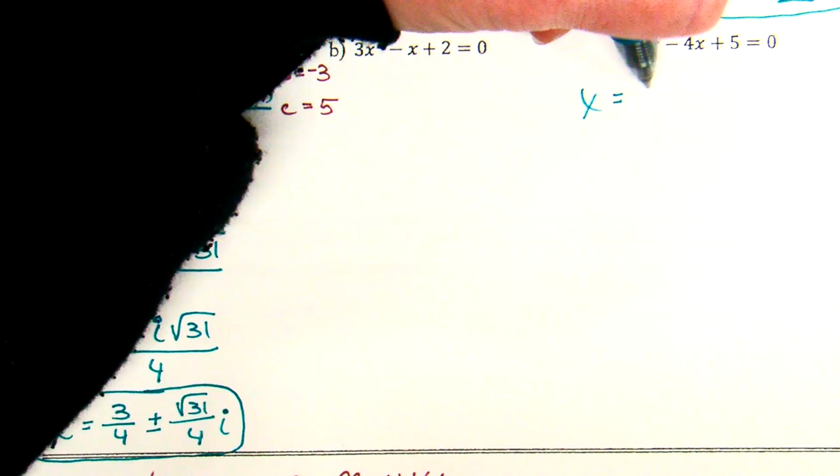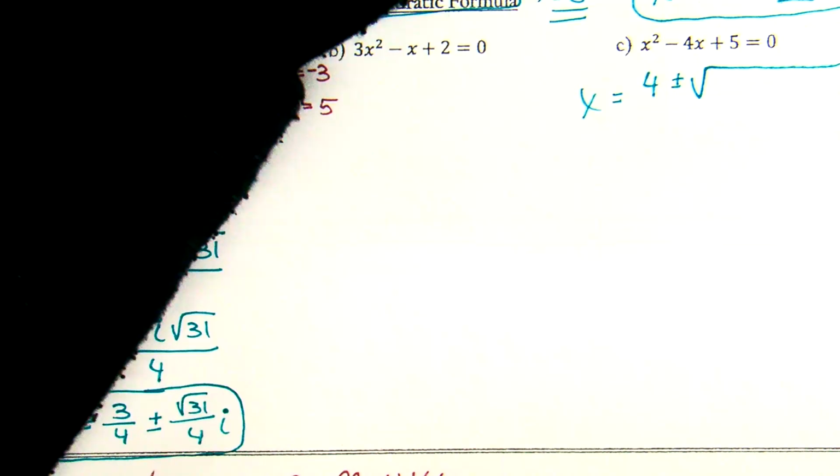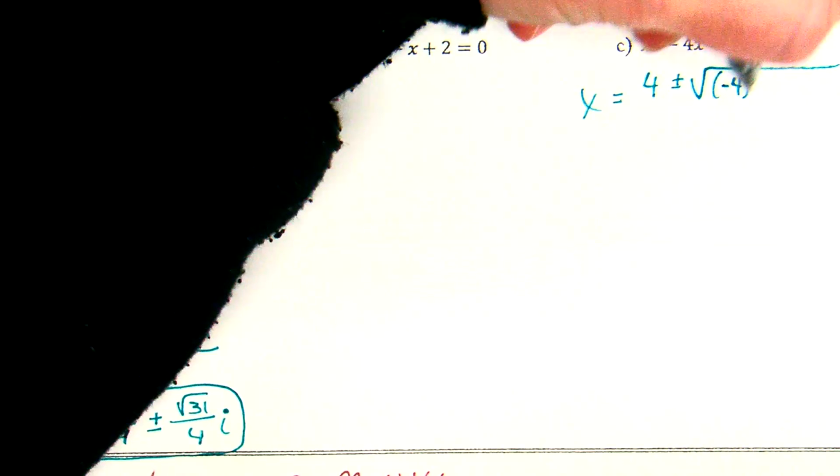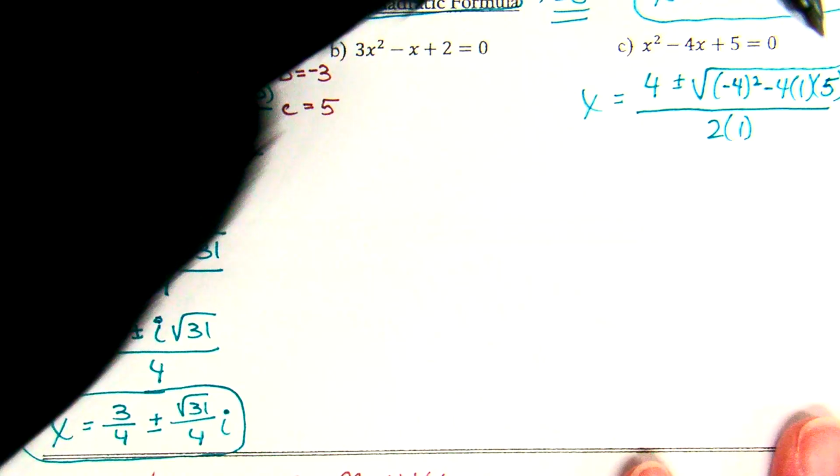X equals -B, so +4, plus or minus square root of B squared, -4 squared, minus 4 times A times C, so 4 times 1 times 5, over 2A, 2 times 1.